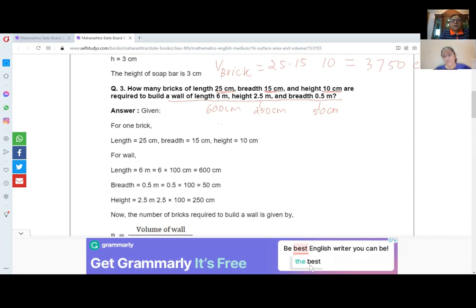Now the volume of the wall: 600 multiplied by 250 multiplied by 50. How much do you get? 75 lakh, how many zeros? 5 zeros. So that is the volume of the wall, and each brick is this much. So the number of bricks will be this big number divided by the smaller number.